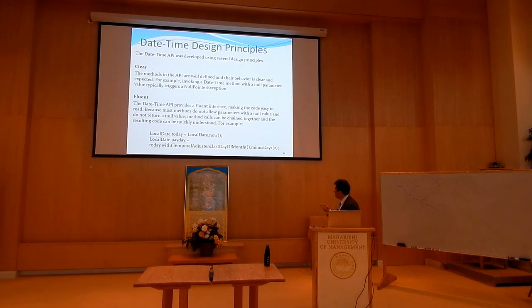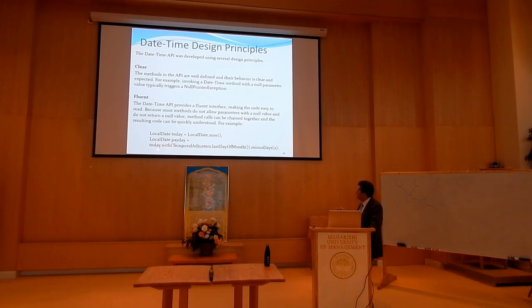If you pass a null to a method, you get a null pointer exception. So everything is behaving the way you expect it to behave. It's fluent, and fluent is the idea that your code reads like fluent English. You read it from left to right, and it does exactly what it says it does.